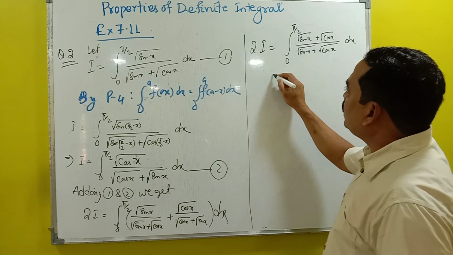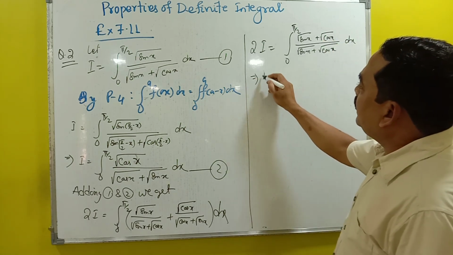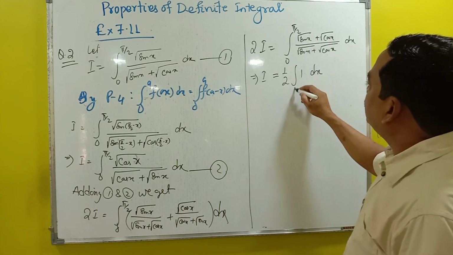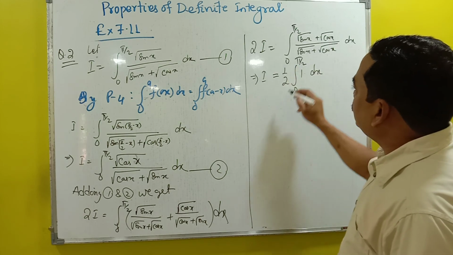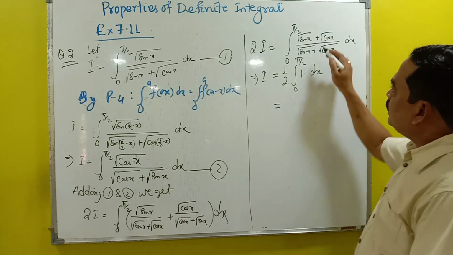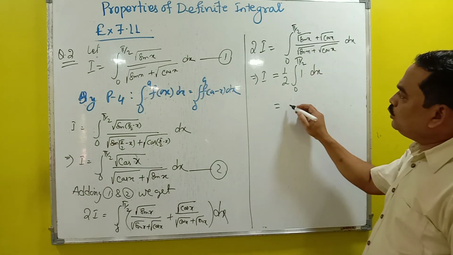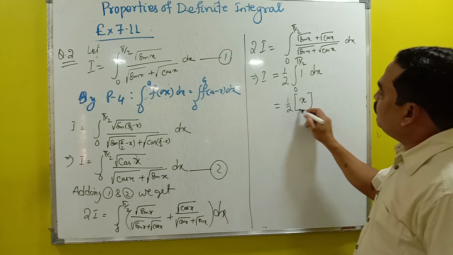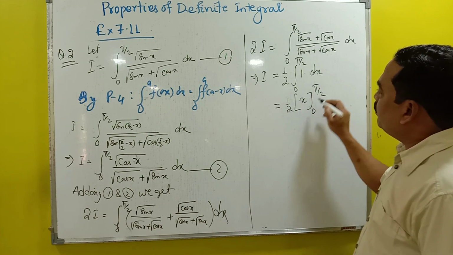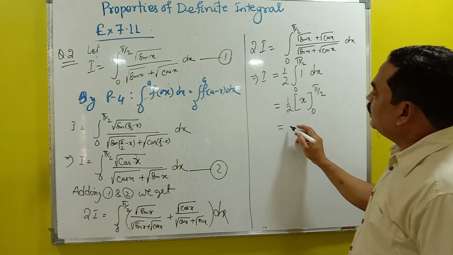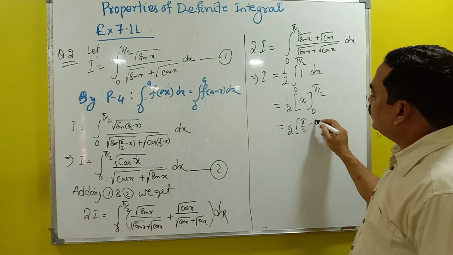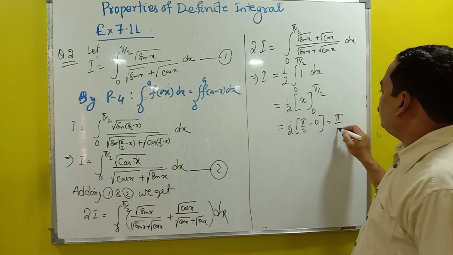Numerator and denominator are equal. Then I is equal to 1 by 2 times the integral of 1 dx, limits 0 to pi by 2. Both cancel, leaving 1 only. So this will be 1 by 2 times x, with limits 0 to pi by 2. Then what are we getting? 1 by 2 into pi by 2 minus 0, so the answer is pi by 4.